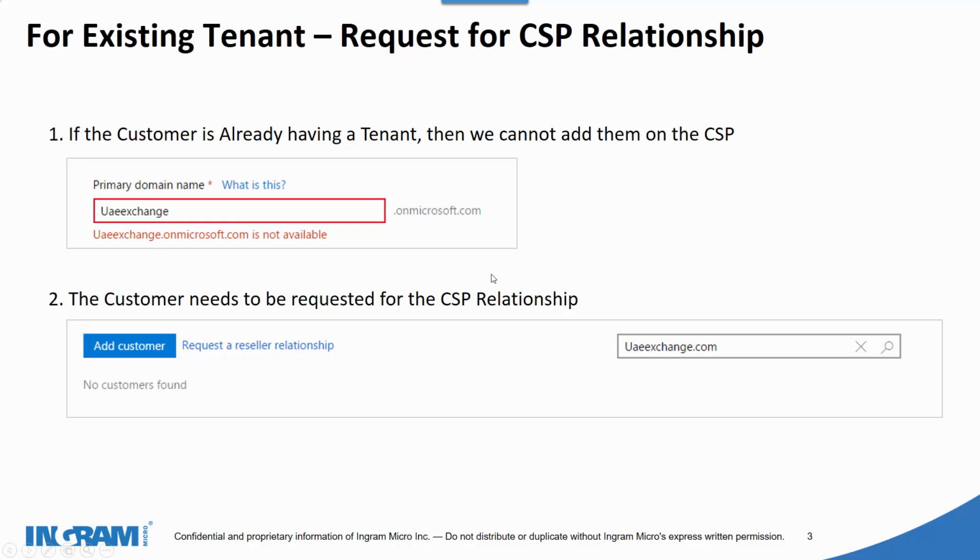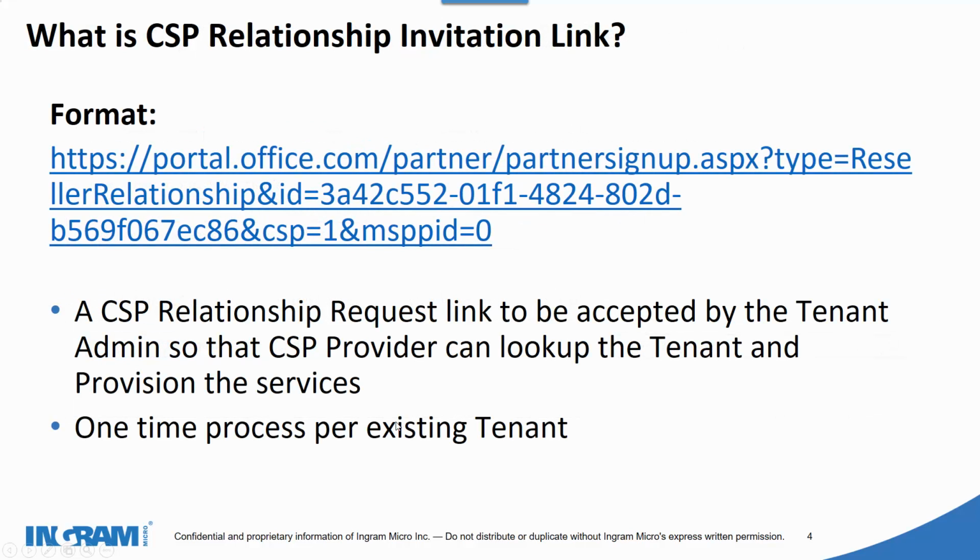When this situation comes, we will be sending the partner or their end customer, who has the admin credentials of that existing tenant, a link which will look like this.